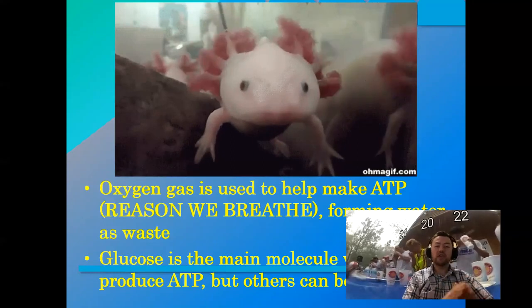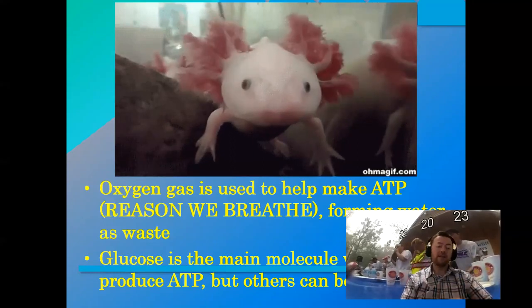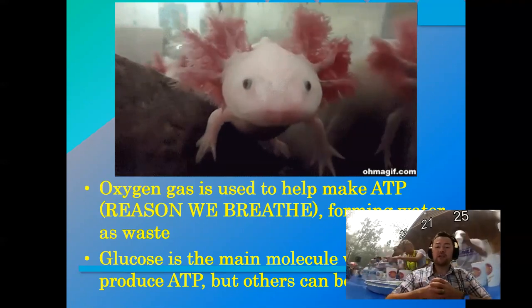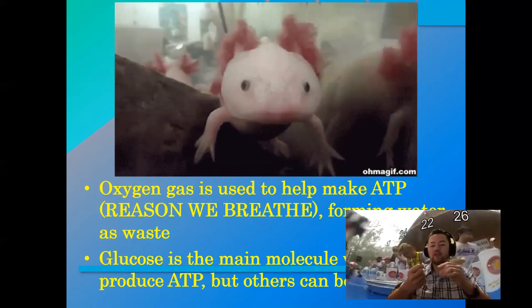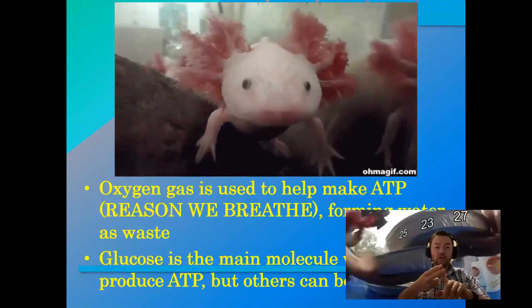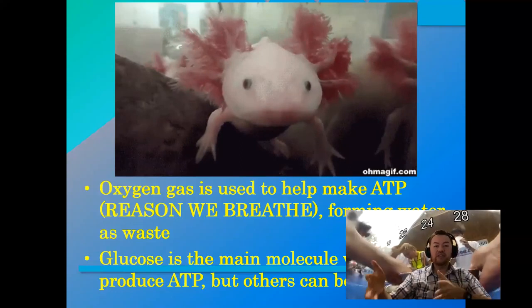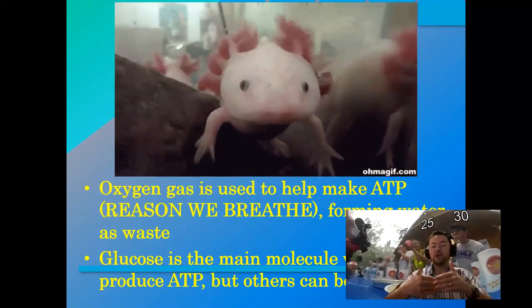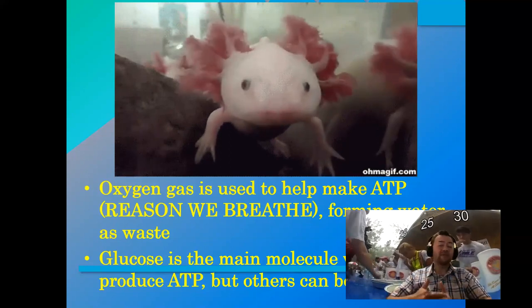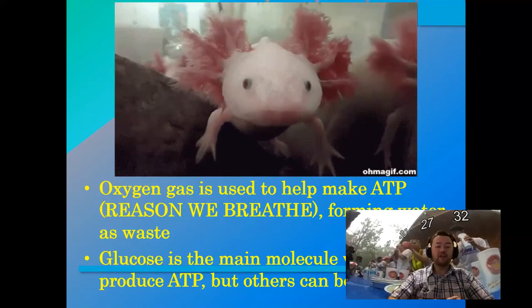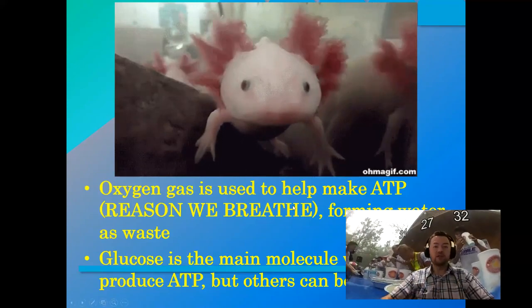All of these sugars can be used to make ATP, but they're not even the only class of molecules we can use. We can also make ATP from proteins and from lipids. So this system of using ATP to power everything we do in our body is an old evolutionary process that ensures we have enough energy to do all of the things that we need to do as humans.